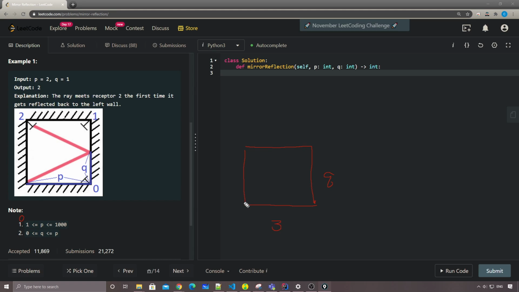So the laser will first reach this 2 here, and then it will reflect to here. If we're only checking this one square, it will go down and somewhere go back here.